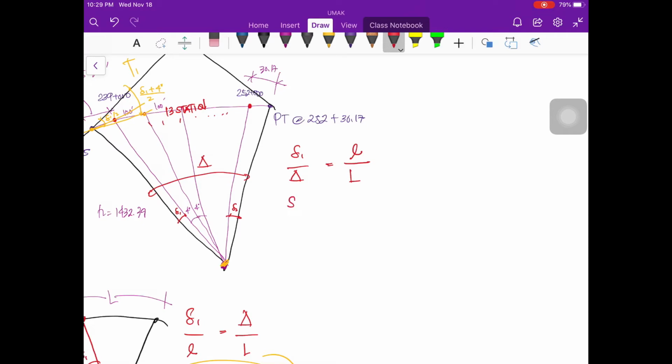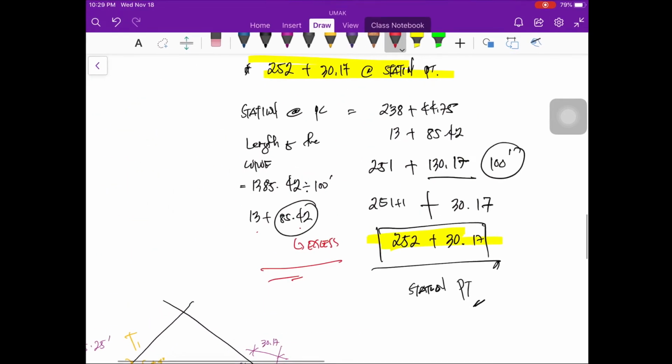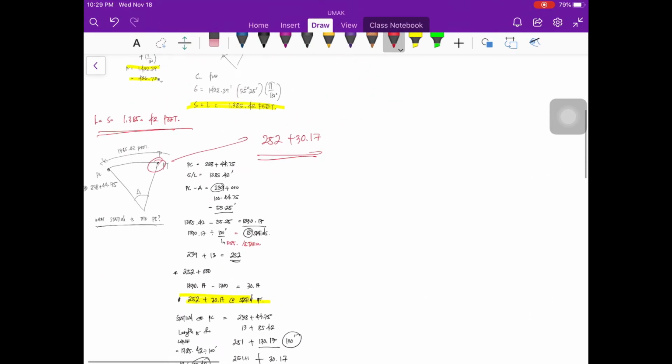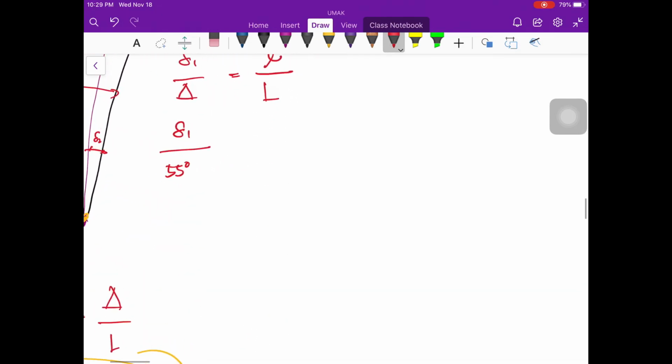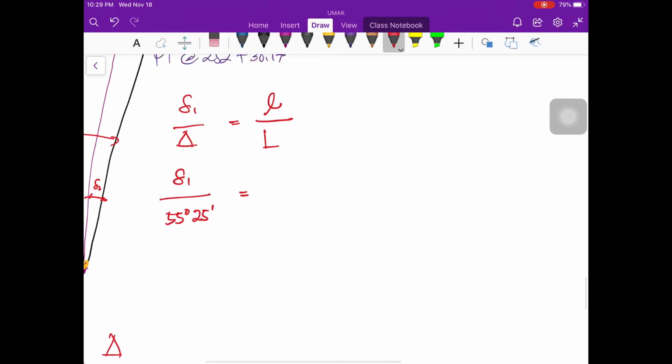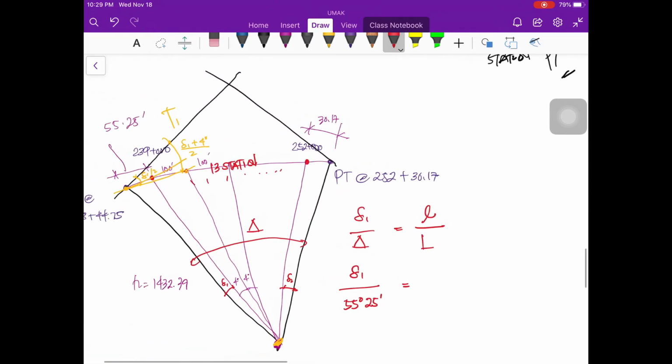So we have gamma 1. What is gamma 1? We don't have gamma 1. And we have the delta of 55 degrees and 25 minutes, if I can recall correctly, is equal to, what's the smallest value of L? What's the value of L? So this one is the 55.